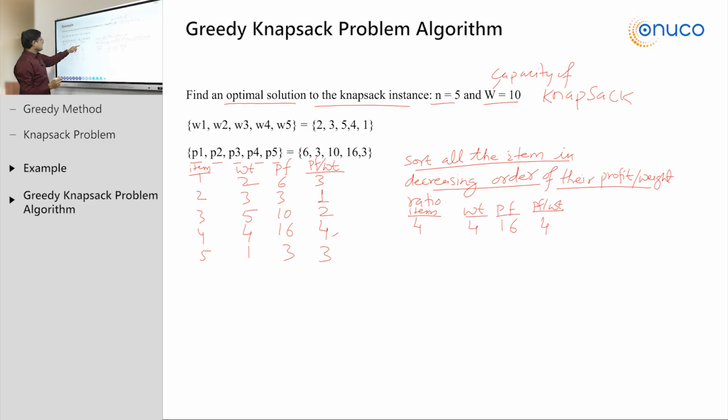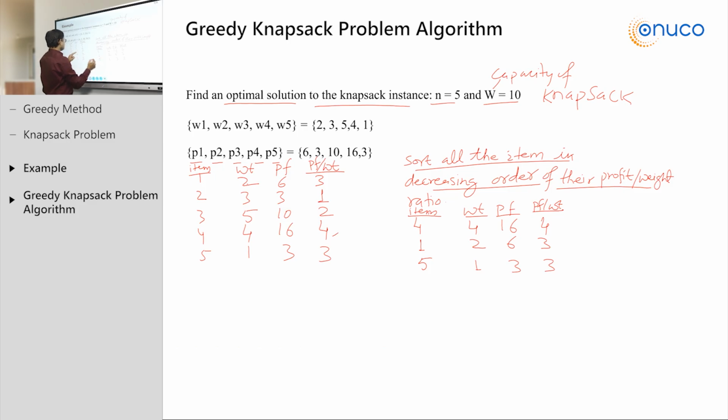Thereafter you can see that this is a 3, this is 3, so anyone can come first. Let us see the first element: weight is 2 and profit is 6, hence 3. Similarly, the fifth element: weight is 1, profit is 3, hence it is 3.